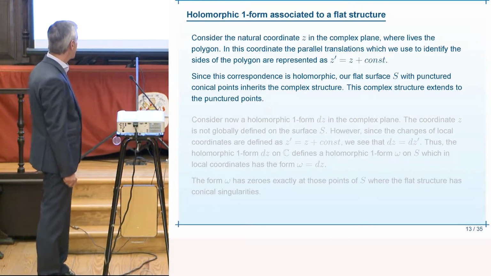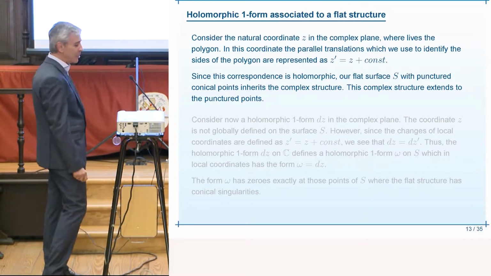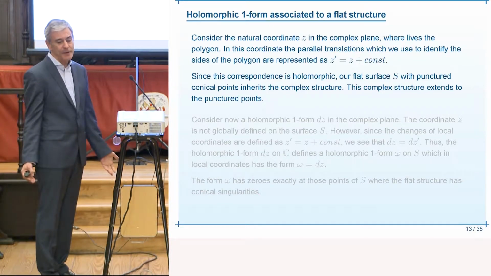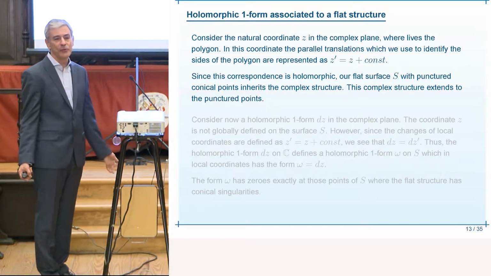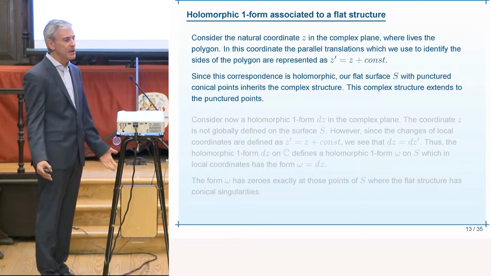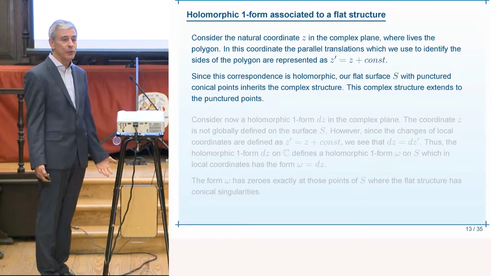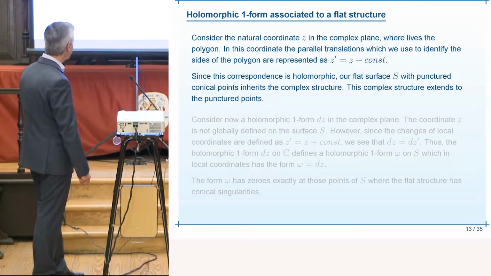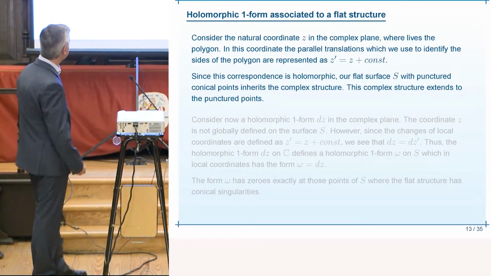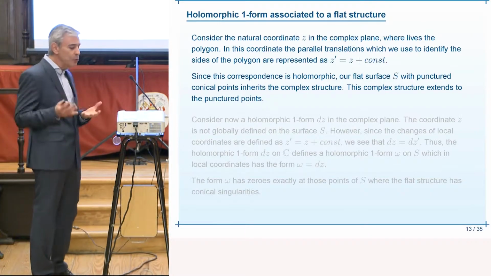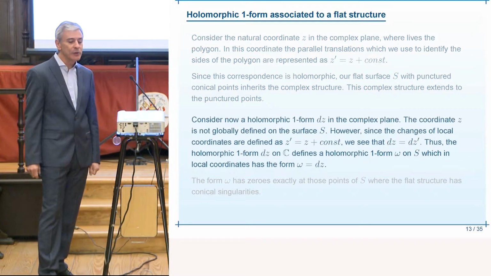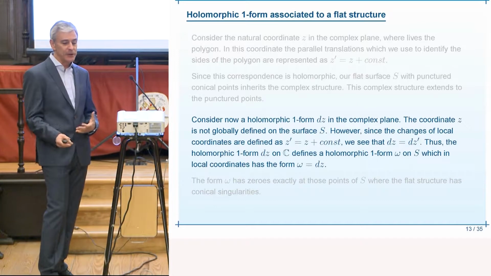To be very accurate, one has to puncture first the conical singularities and then make an exercise in complex analysis to verify that the complex structure extends to these points. It does. That's not all the structure because, well, when we glue a surface from this polygon, we do not have a global coordinate anymore.